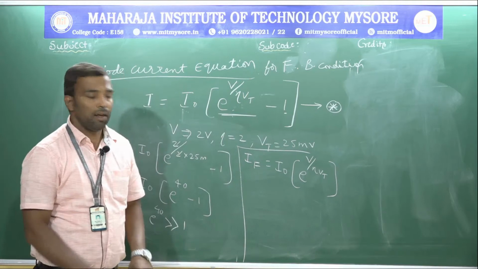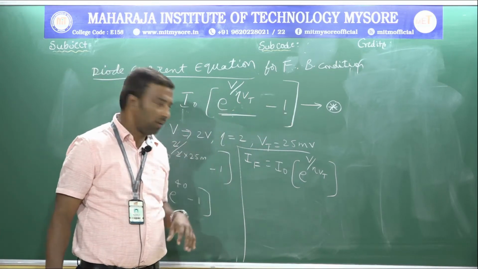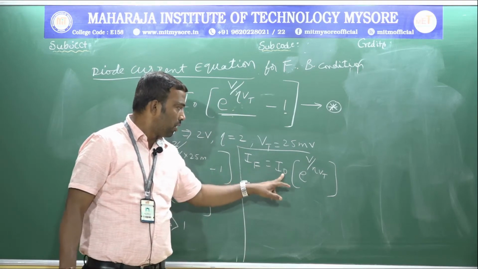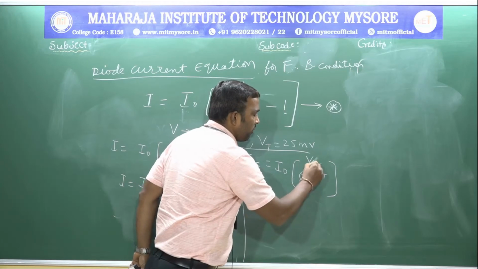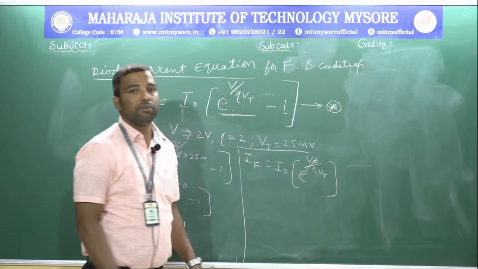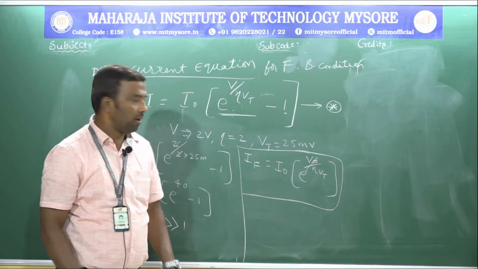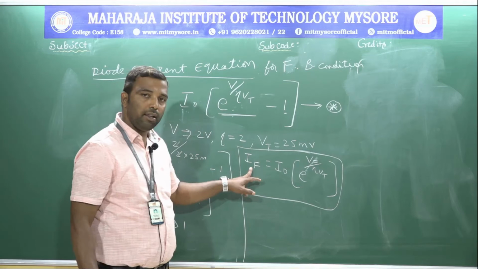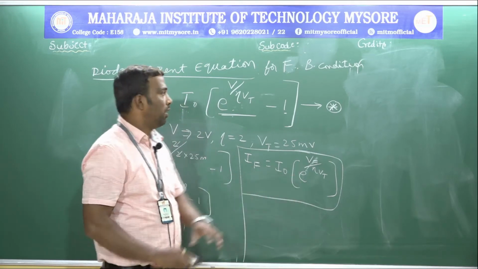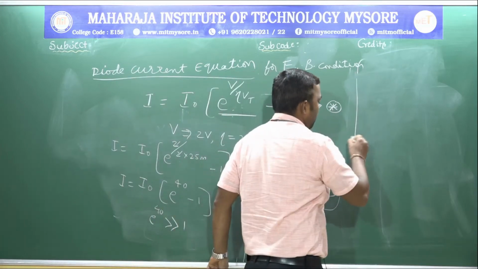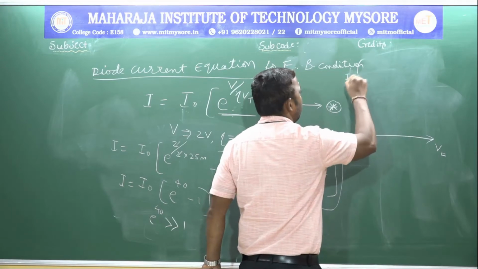I am neglecting the second term, that is 1, because it is a very small value. IF equals I naught into e power Vf by eta Vt, where Vf means the forward bias voltage. This is obtained in the forward bias condition. That's why the current in the forward bias condition increases exponentially. So you can see, this is the voltage Vf and this is the current IF.